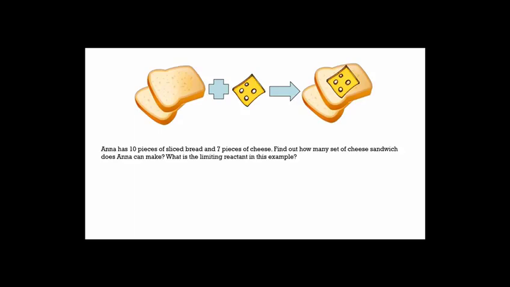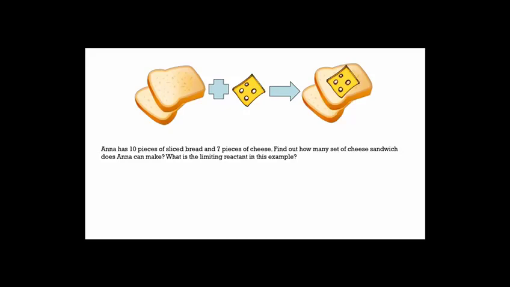Anna has 10 pieces of sliced bread and 7 pieces of cheese. From this amount of bread and cheese, can you determine how many sets of cheese sandwich Anna can produce? And can you state what is the limiting reactant in this example?